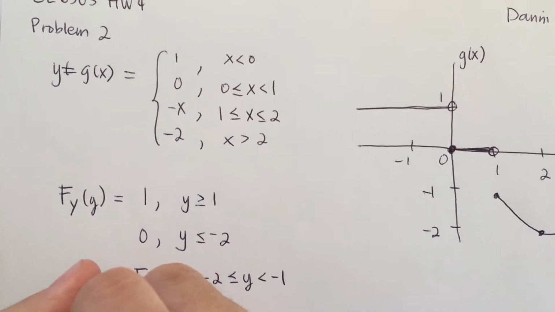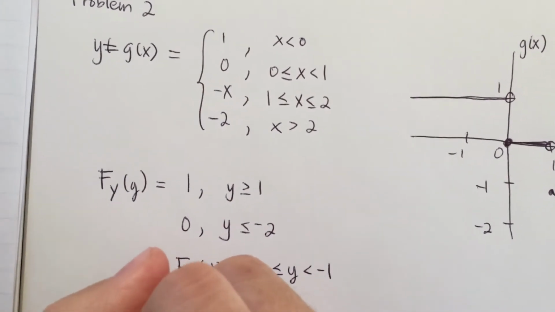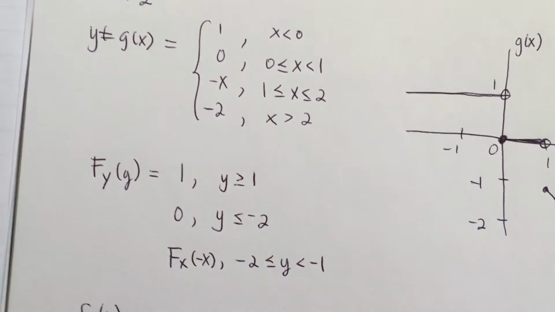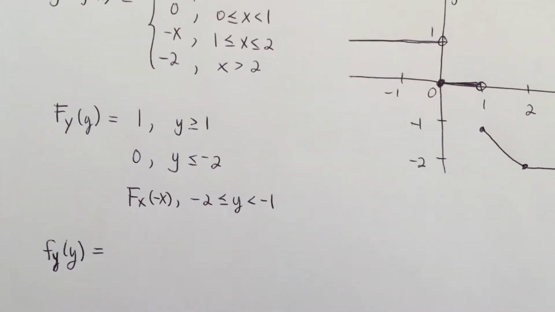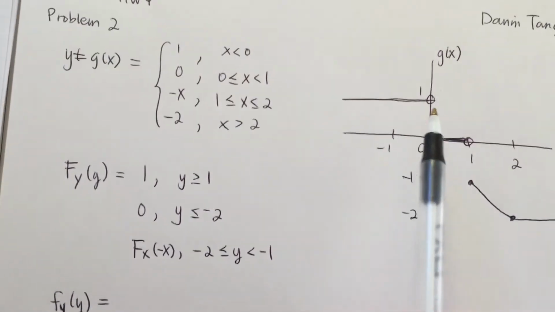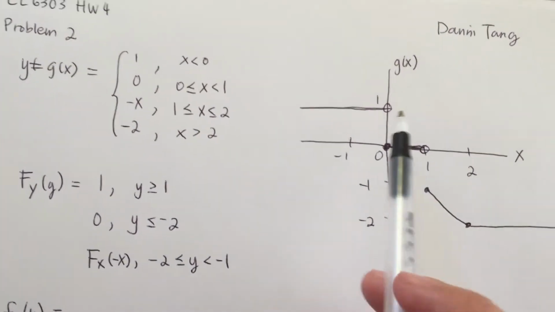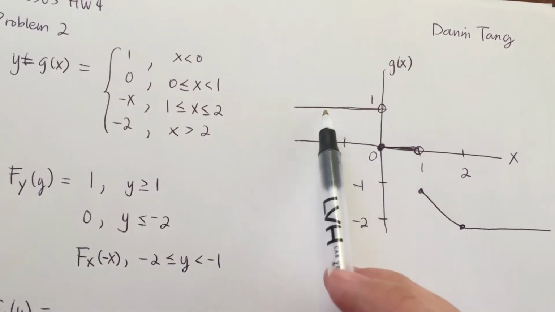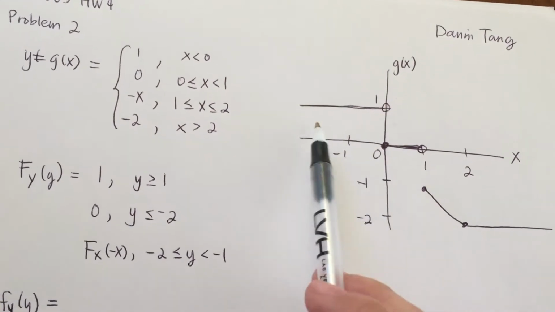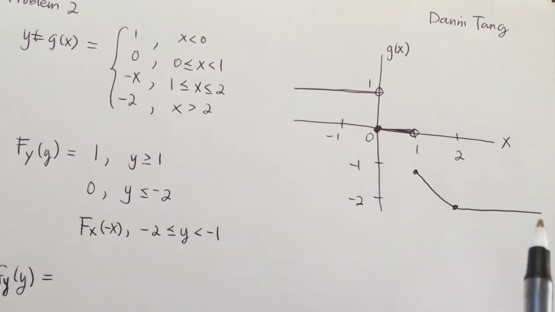And then you find the small f of y. So this one you would actually have to really turn the graph around, but you can also do it like this. At y equals 1, there's an impulse function wherever there's a jump. So for this graph, there are 3 impulse functions: 1, 2, 3.